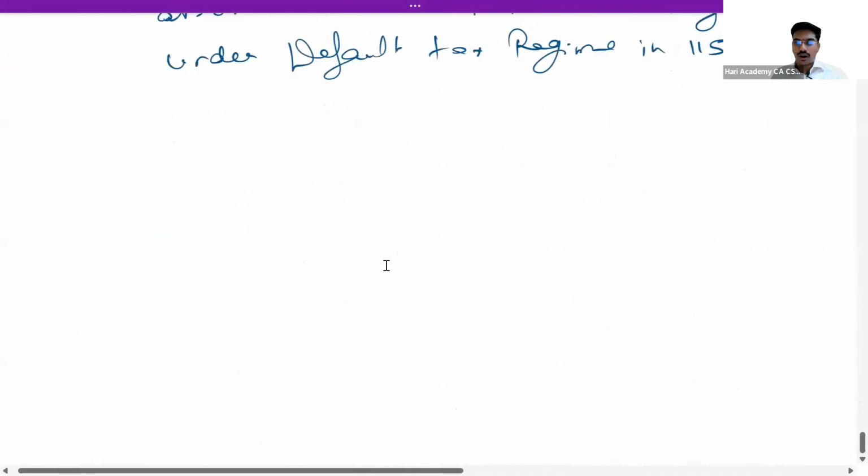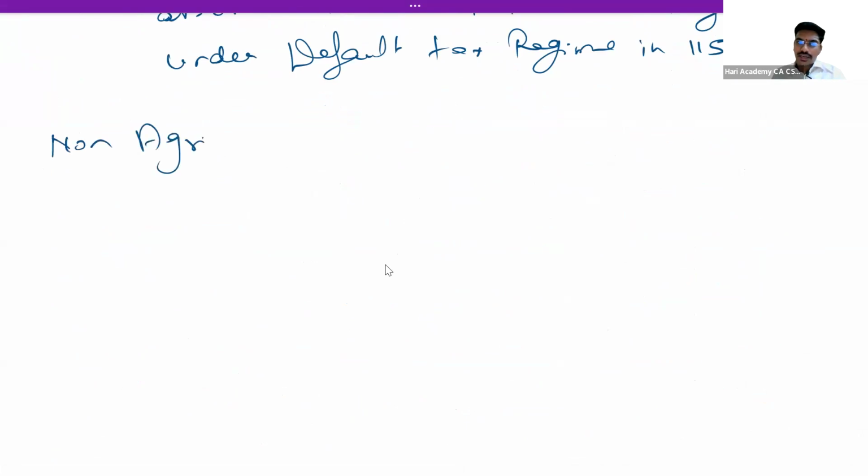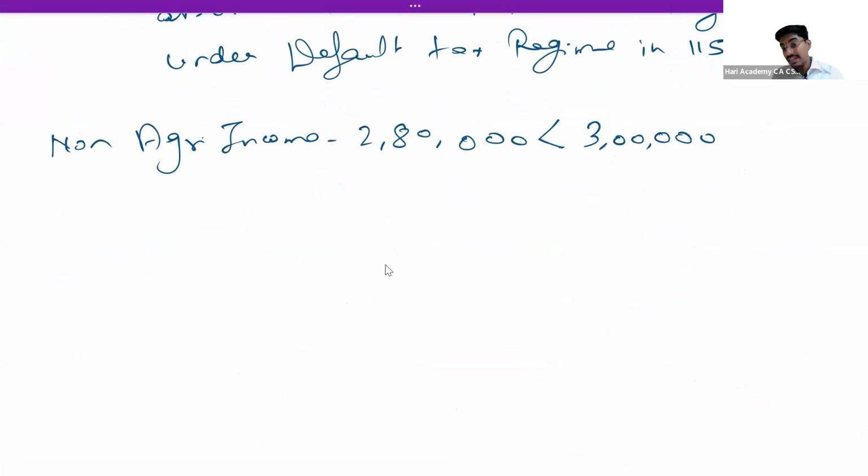So here, non-agri income is 2,80,000, and this is lower than the basic exemption limit of 3 lakhs in the default tax regime. If you want to know about the tax rates and their discussion, we have already discussed that in the amendments video.